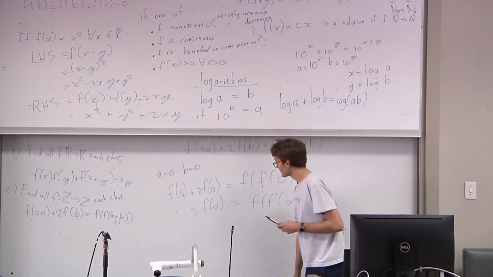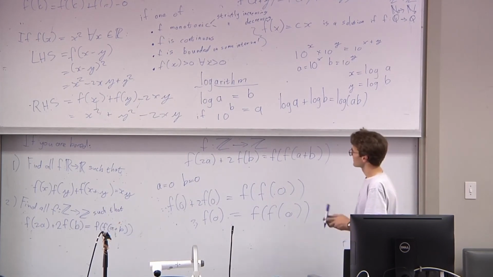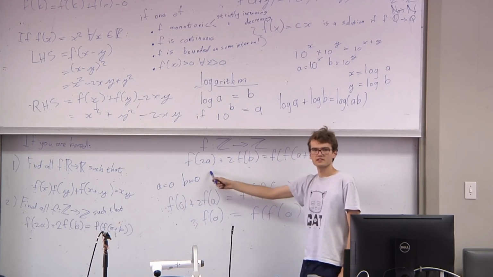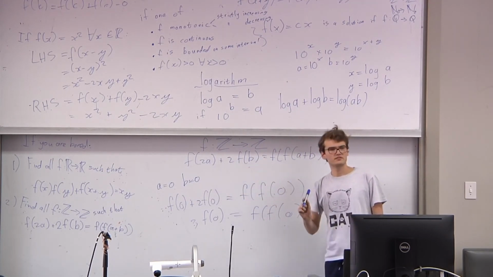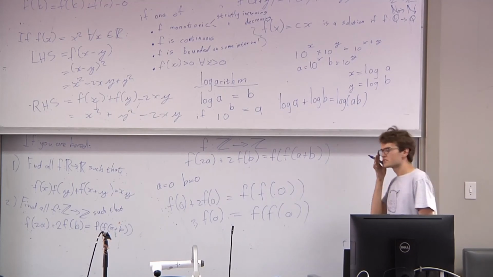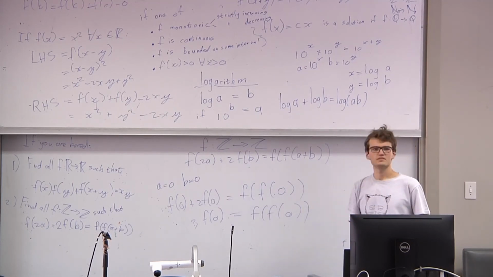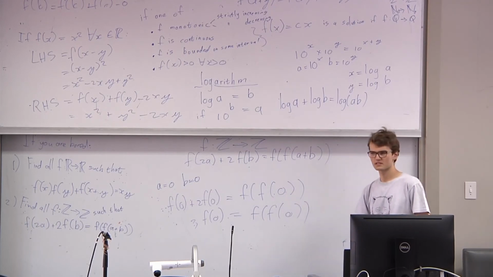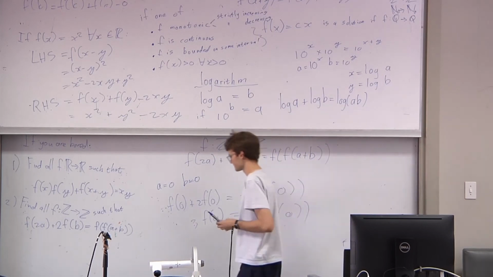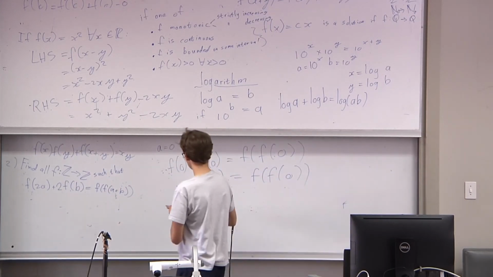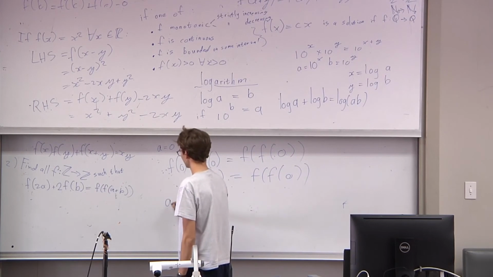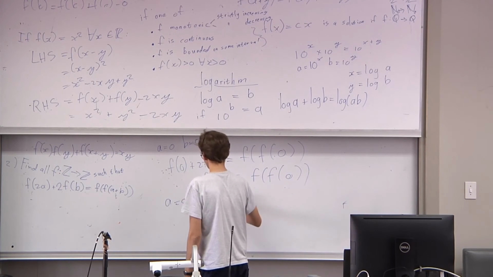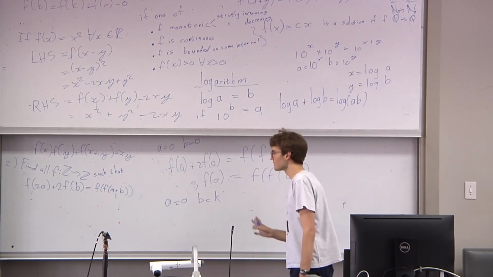One thing to notice here is that we've got the 2 inside the function over here, but the 2 is outside the function over there. So that says that you can't just decide arbitrarily let this one be 0 and keep going as is, because it makes a difference which way around you choose it. So let's first say let a equals 0 and b equals k, I guess, where k is an integer.